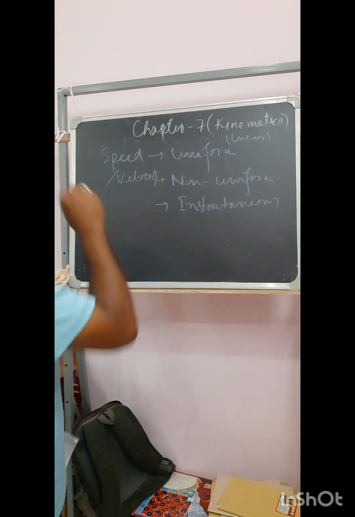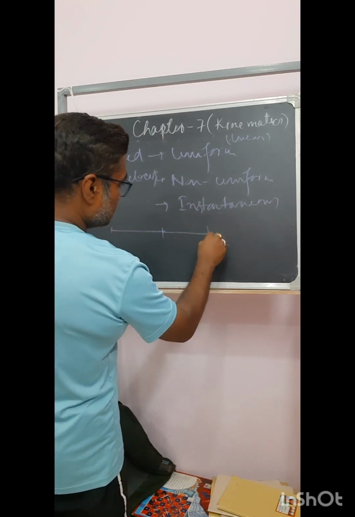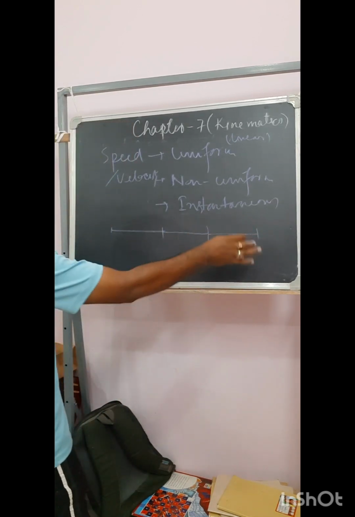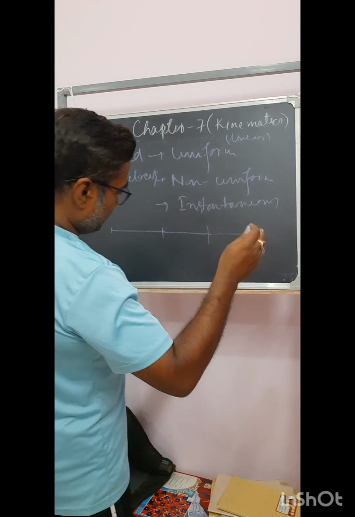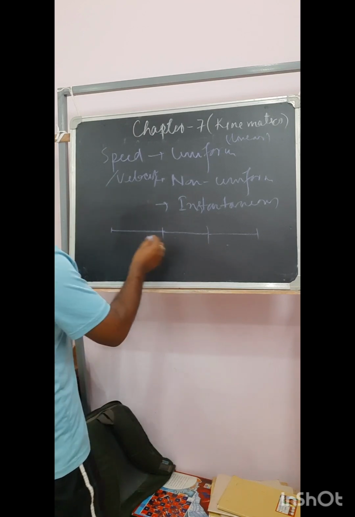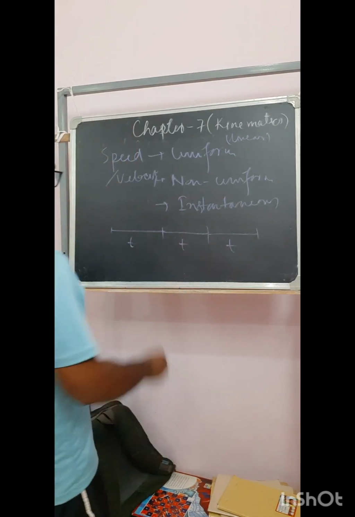So how can it be? Let's say a linear motion where the total travel is distributed into three parts, each with a T time span.